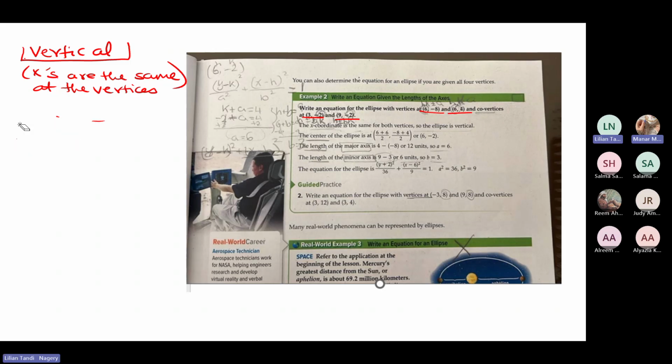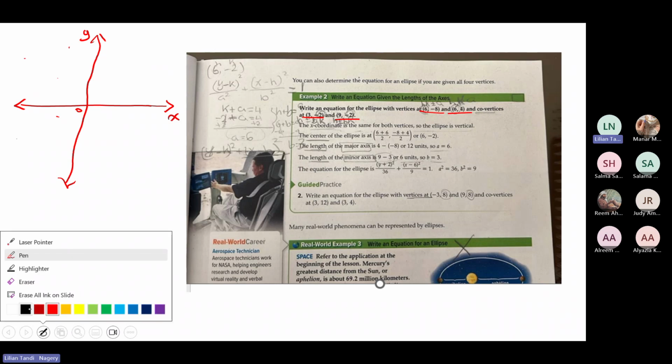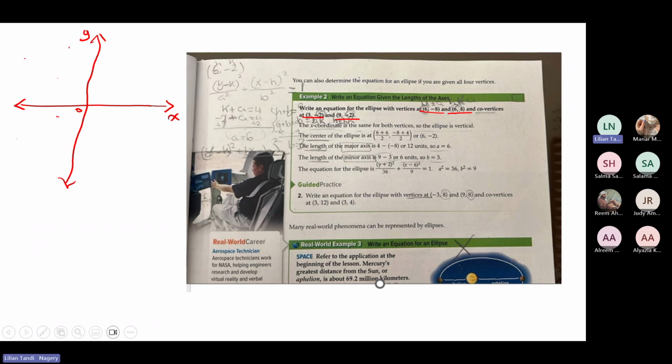Can you draw the picture? Draw the picture. If this is not making sense, let's draw. The picture is better than making a generalization. Draw the picture so you can see. This is y, this is x, and so forth. All right. So 6, -8 will be here.